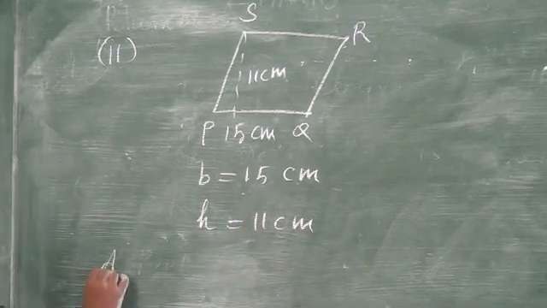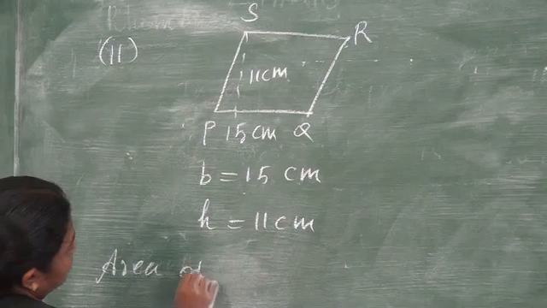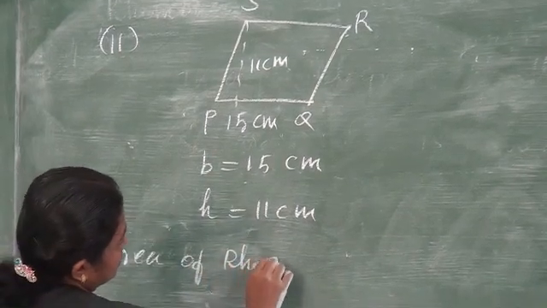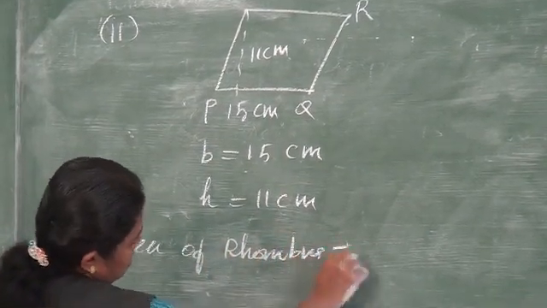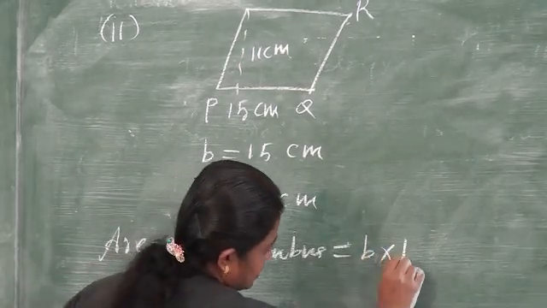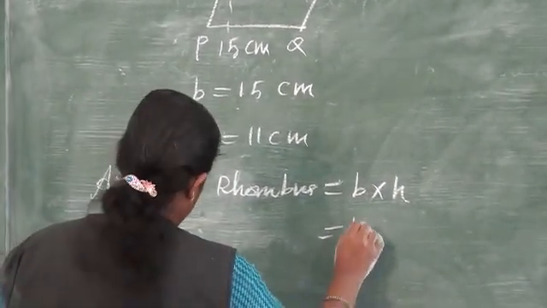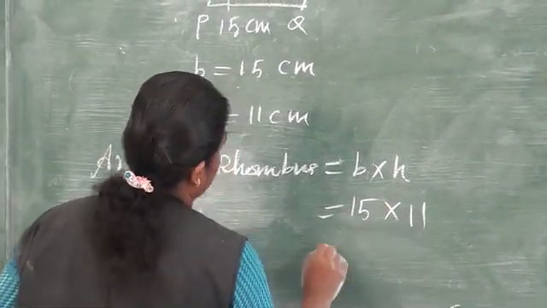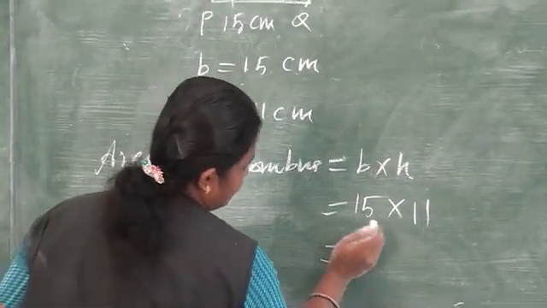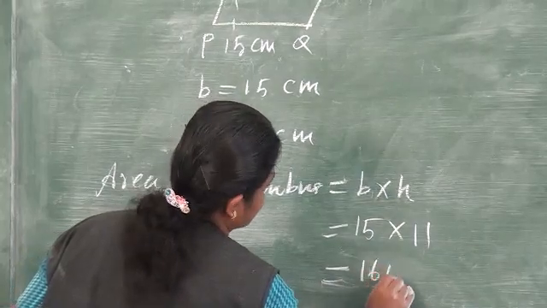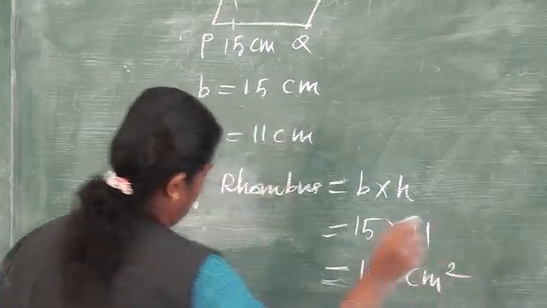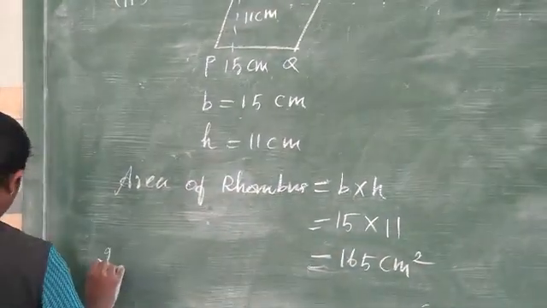What is the area of a rhombus formula now? Area of a rhombus, B into H, base into height. What is the base given? 15. Height is given 11. So 15 11s are 165 centimeter squared. Come to the second problem.